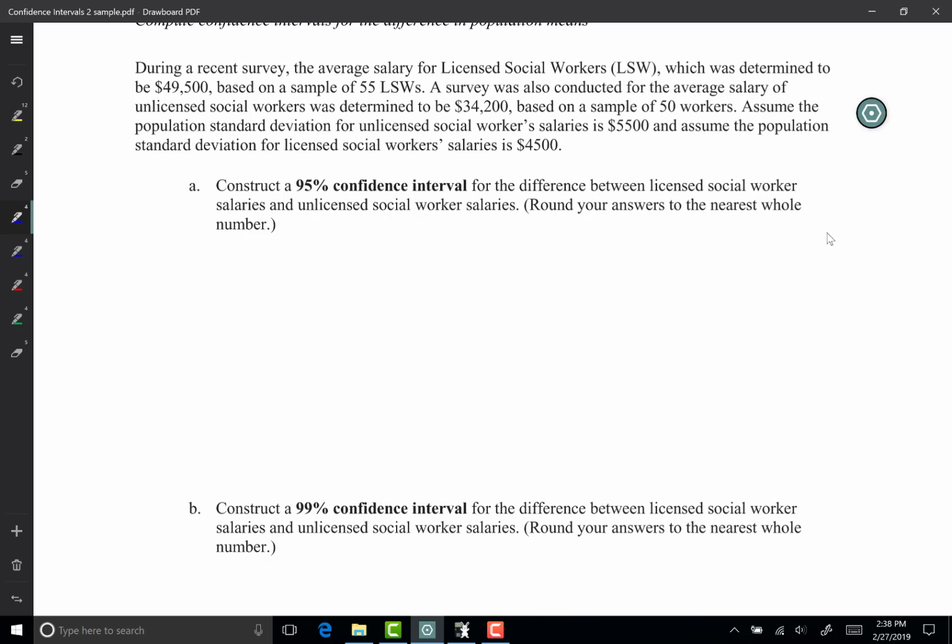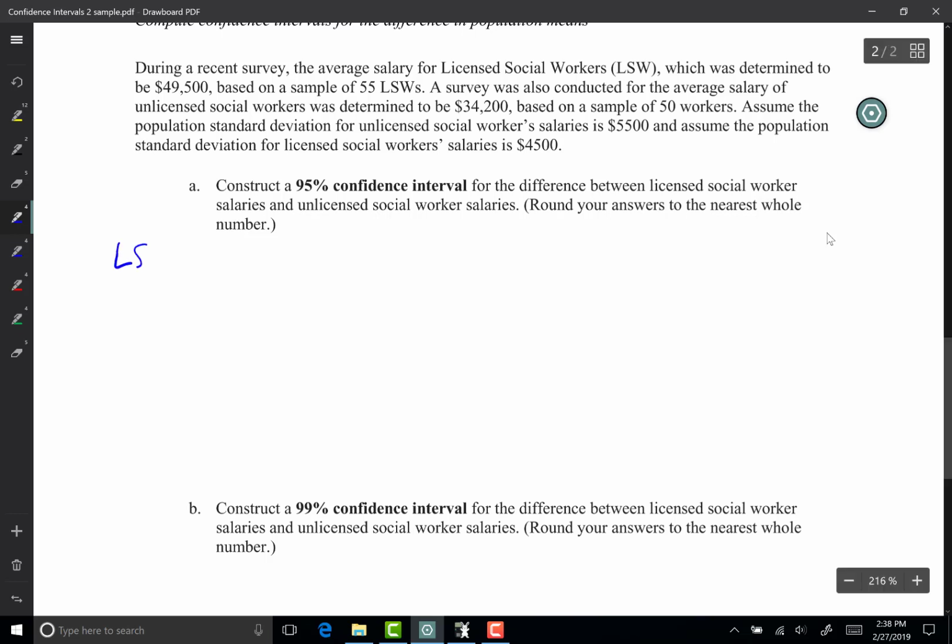Let's write down the information we know. For the licensed social workers, the average salary was based on a sample of 55, so the average of 49,500 is the sample mean.